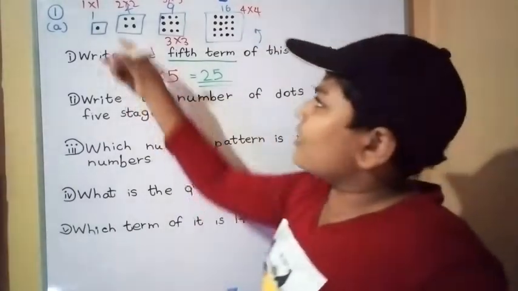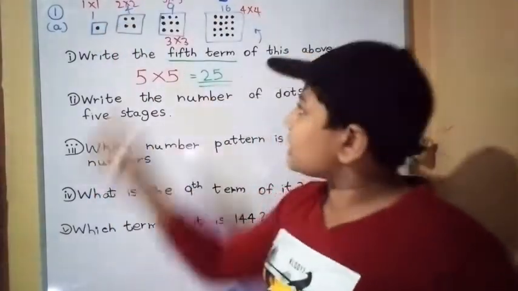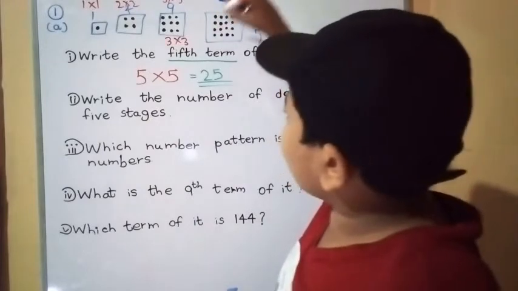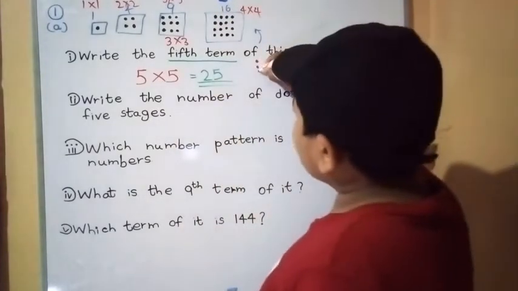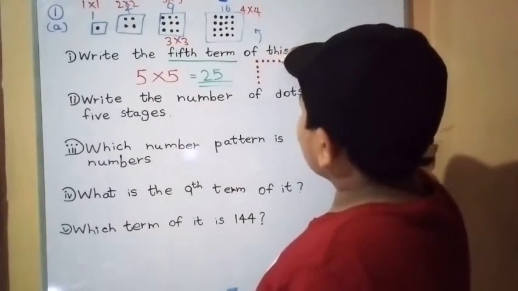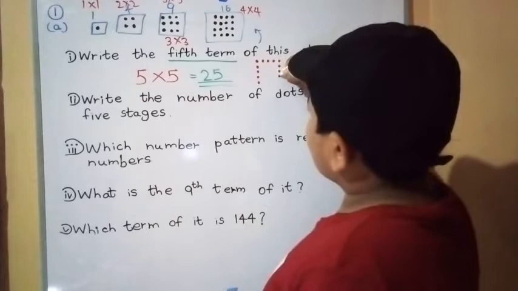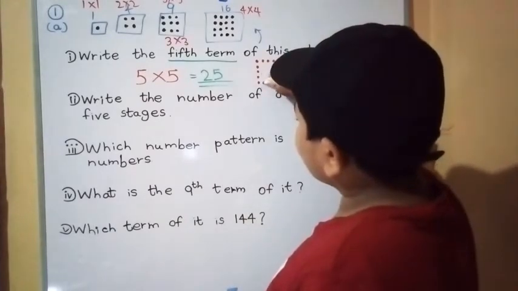Now, you look at the columns multiplied by the rows in this. 1, 2, 3, 4 dots multiplied by 1, 2, 3, 4 dots. Now you can get 1, 2, 3, 4, 5, the dots or the squares like this.